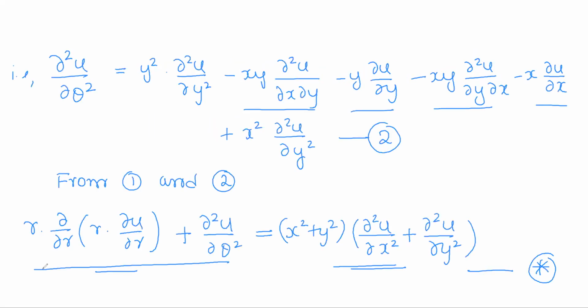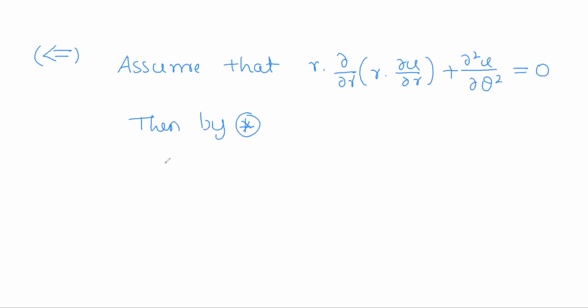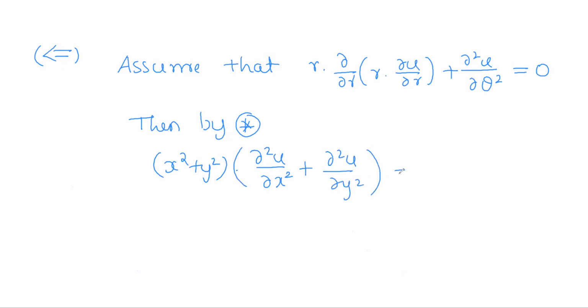So star says that this is nothing but this product. So as we have assumed this term is 0, this will also be equal to 0. So by star, (x² + y²) into (∂²u/∂x² + ∂²u/∂y²) will be equal to 0.